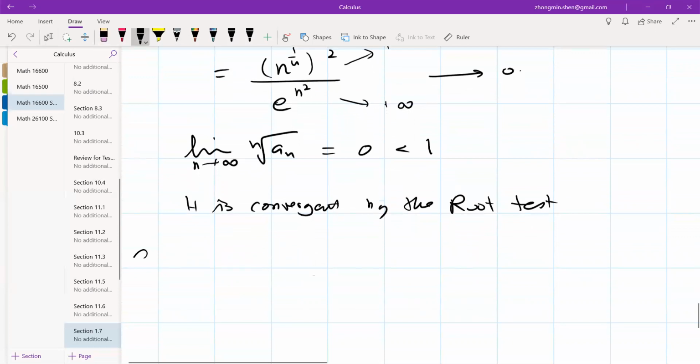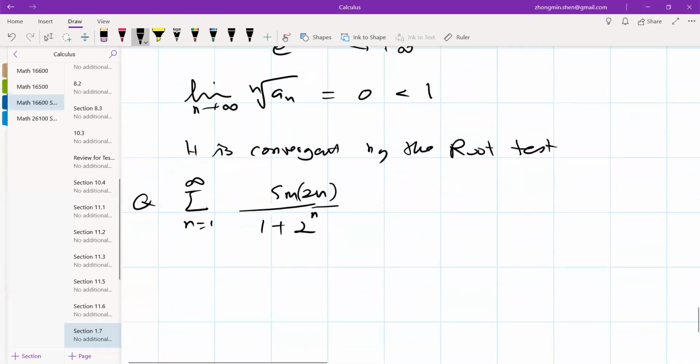All right, let's look at the next problem. Is it convergent or divergent, and how to prove it?